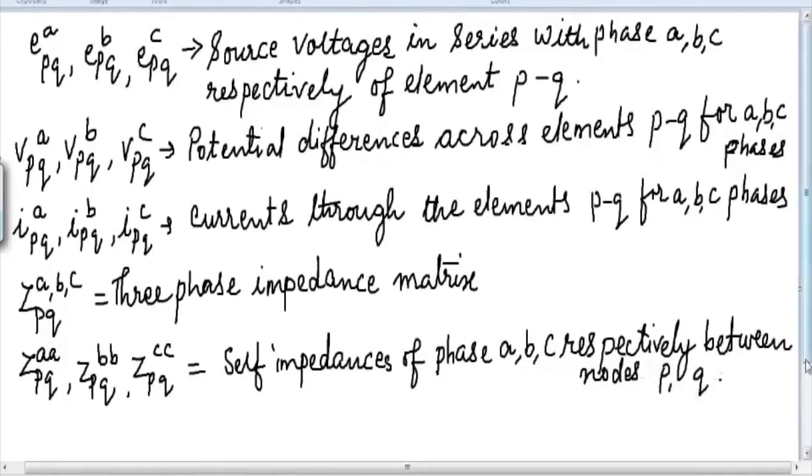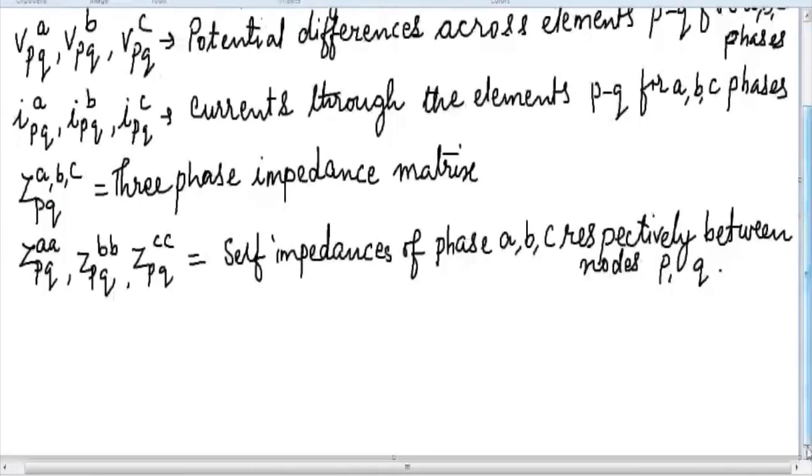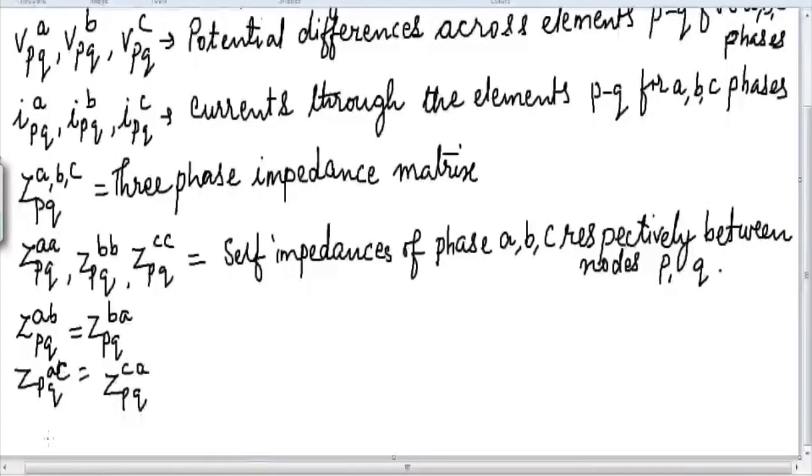And similarly, we have the off diagonal elements, right? What are the off diagonal elements? Off diagonal elements, you all know, Z_PQAB will be equal to Z_PQBA, right? Similarly, Z_PQAC will be equal to Z_PQCA, and similarly Z_PQBC will be equal to Z_PQCB. And what are all these elements?